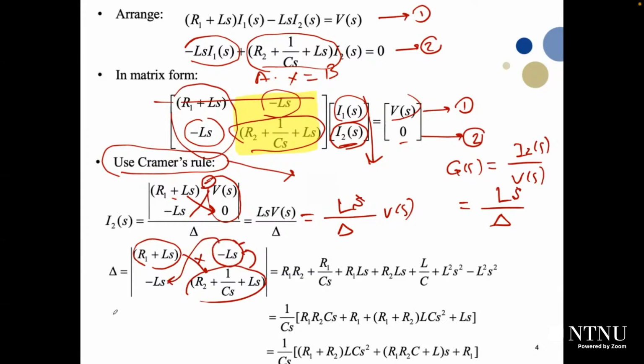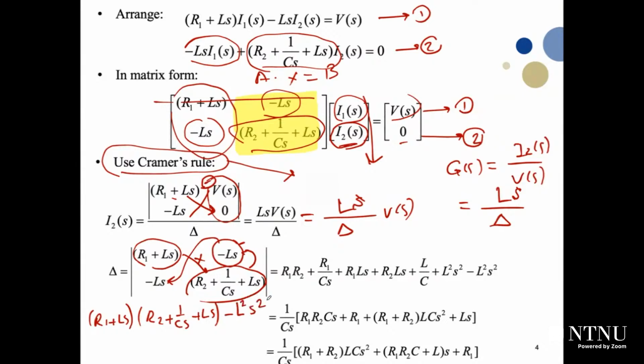I can write it in detail here. It will be R1 plus LS multiplied by R2 plus 1 divided by CS plus LS, minus LS multiplied by LS again. So this one will be minus L squared S squared.